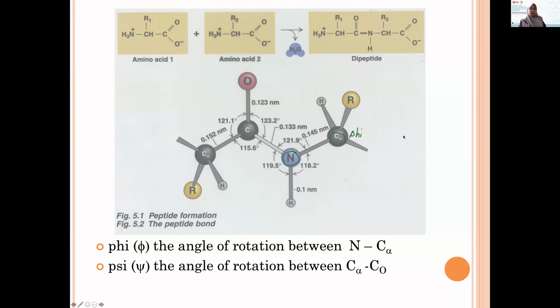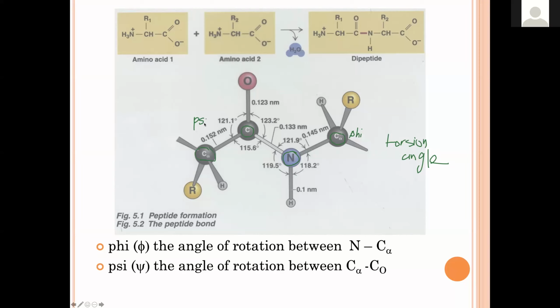The torsion angle is the rotation between the chiral carbon and the carbon at the carbonyl group, and we call it psi.